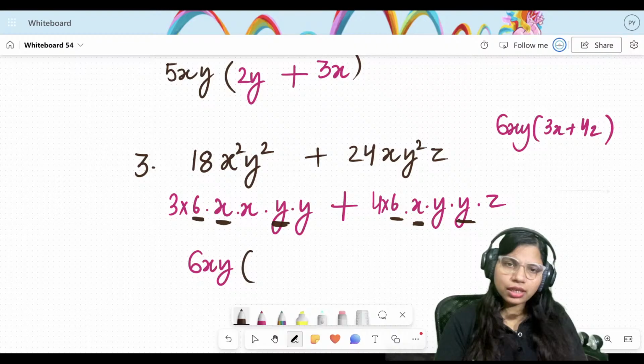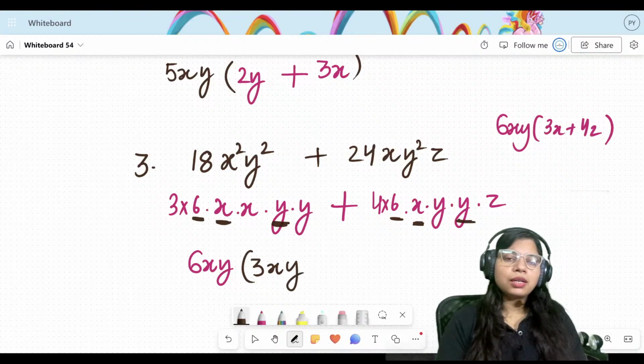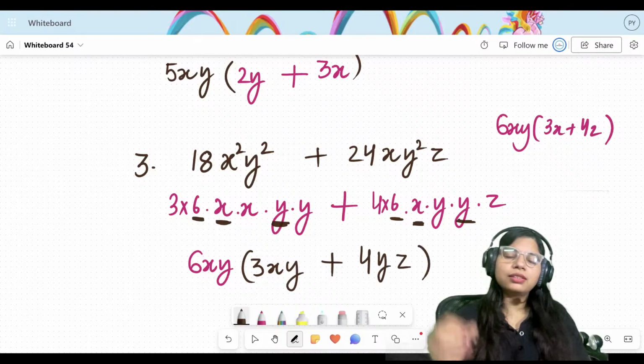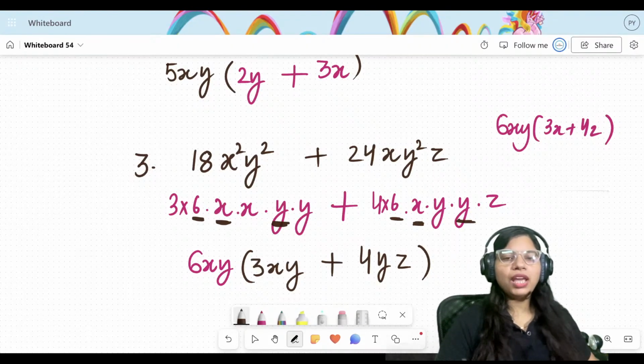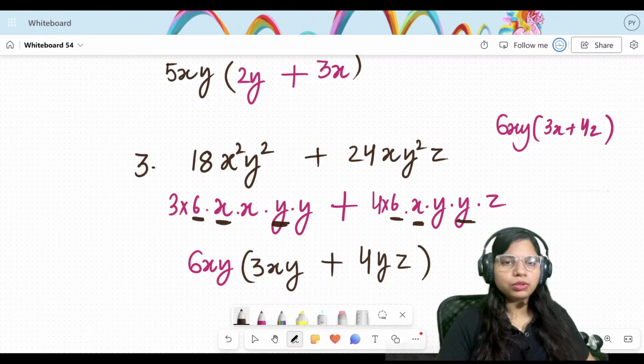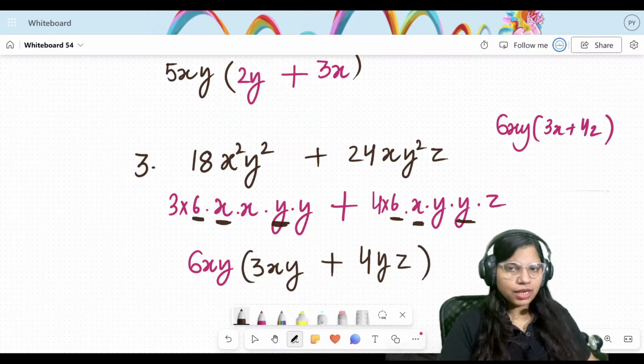We are left with 3, not underlined, x and y, plus 4, y and z. Right, Kriti? So the best way is to really break them down, x squared, x times x, y squared, y times y. 24, 4 times 6, that is fine. x times y times z.